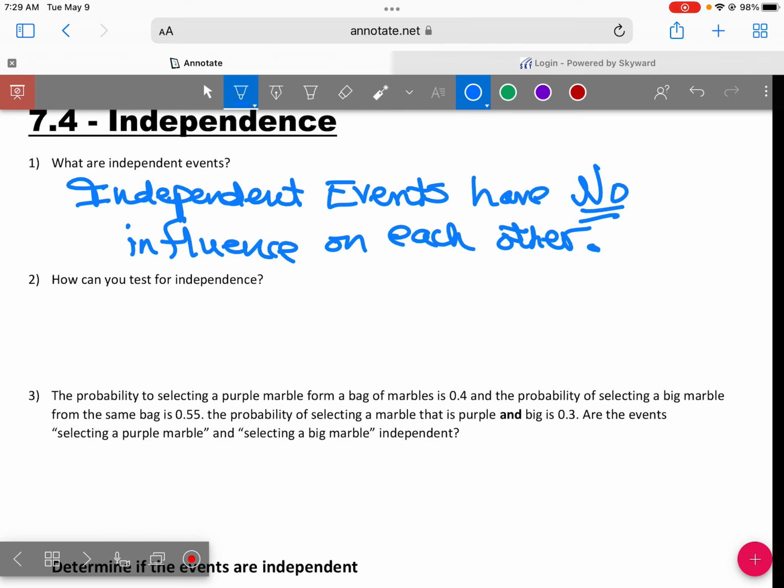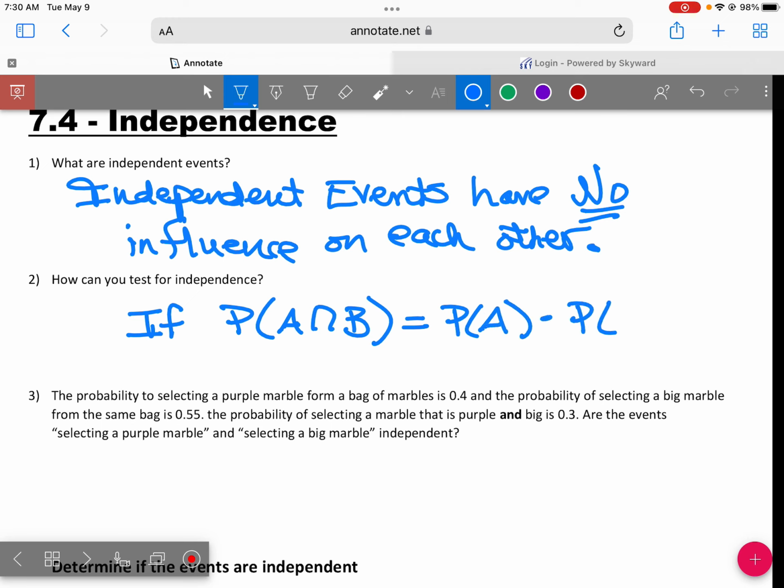How do we test for independence? It looks like this.